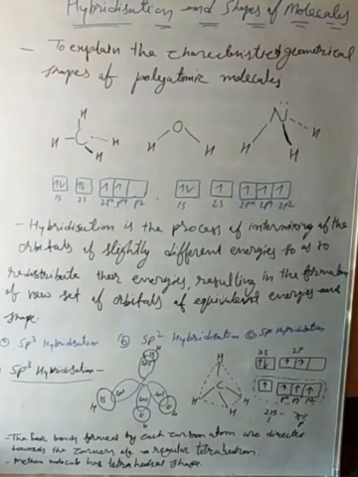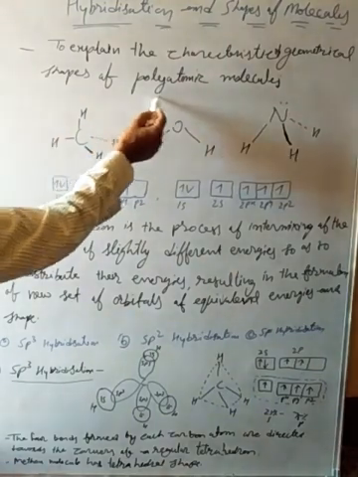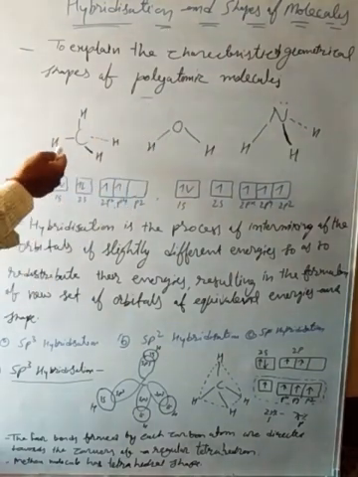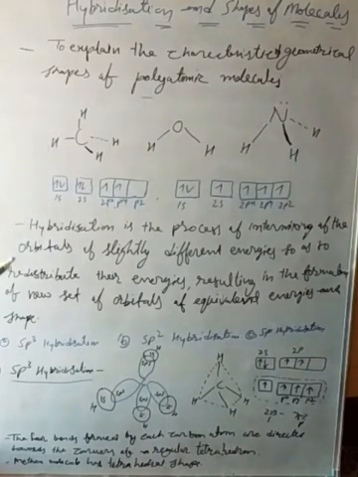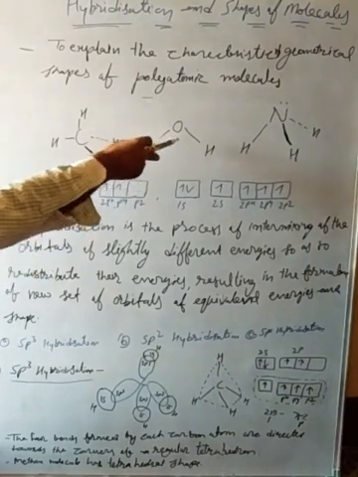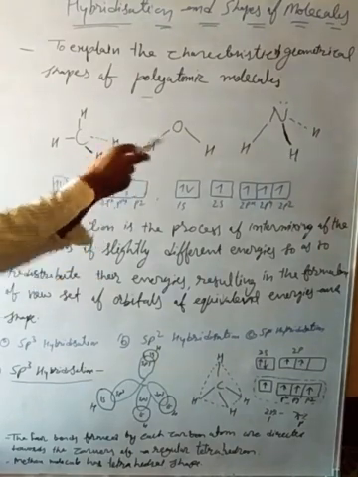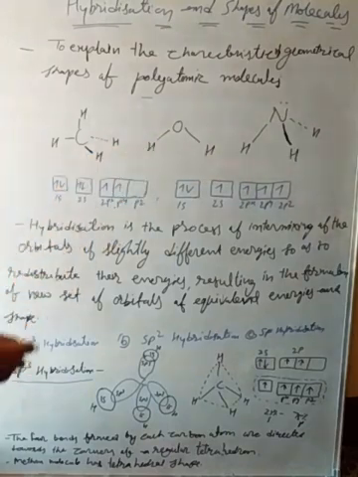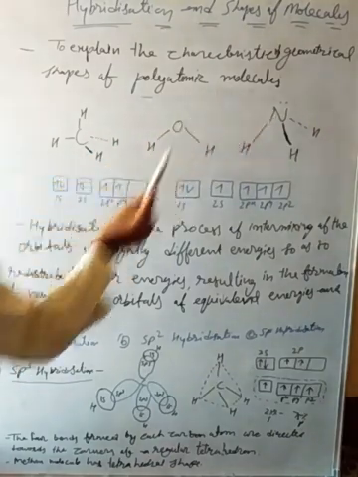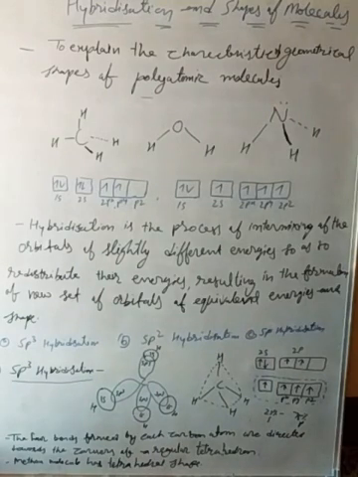Methane has one carbon atom and four hydrogen atoms. Water has one oxygen atom bound with two hydrogen atoms. Ammonia has one nitrogen atom combined with three hydrogen atoms. These molecules are called polyatomic molecules.